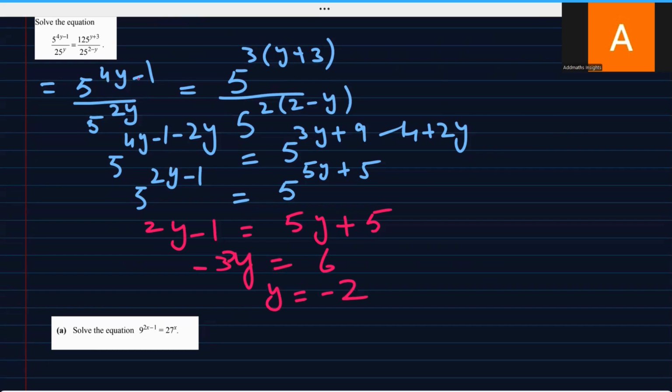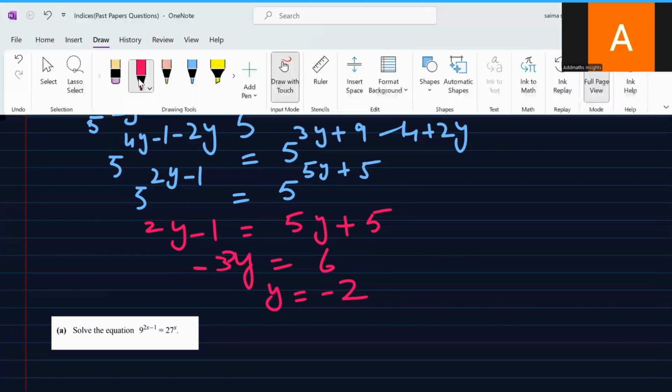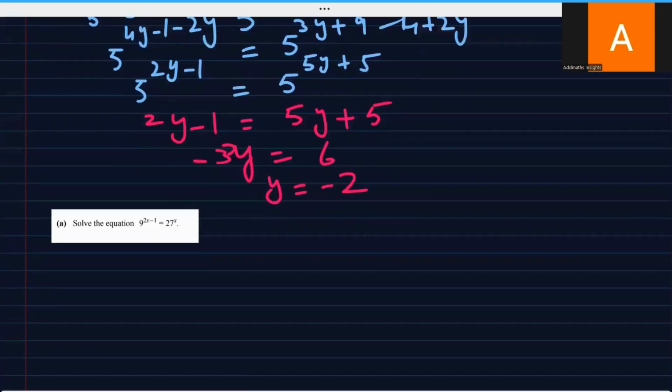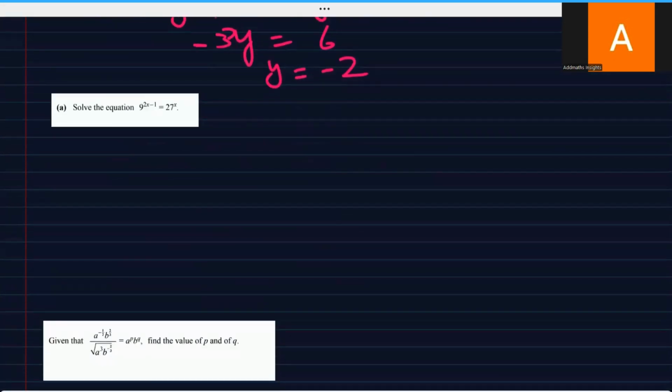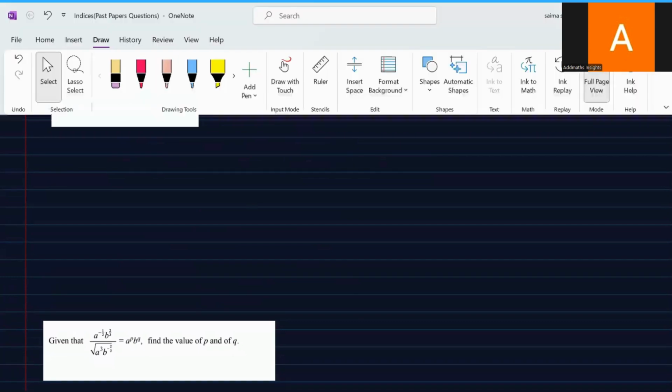Next question is: solve the equation. The basic technique is the same. You need to make the bases the same.